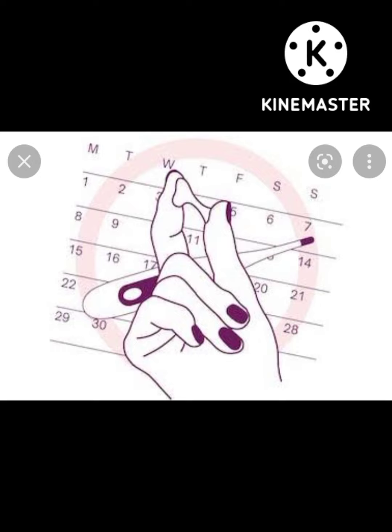Disadvantages of the symptothermal method are that intercourse must be restricted to only 7 to 13 days of the cycle. Women must take their temperature daily. The method cannot be used during fever episodes, and the method is inappropriate for use during lactation or near menopause.